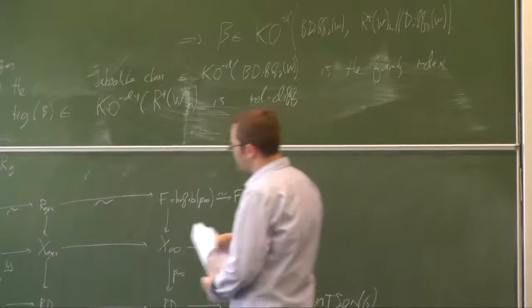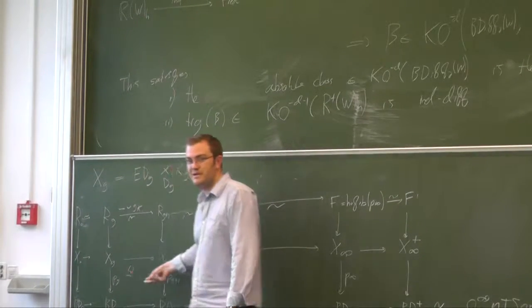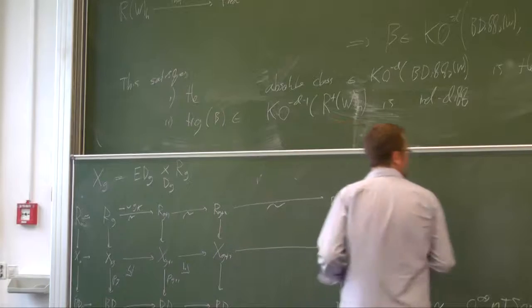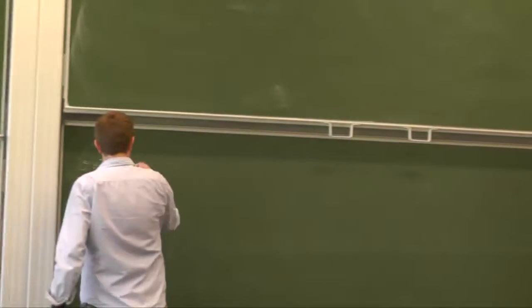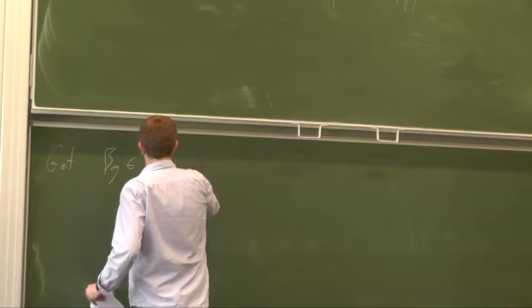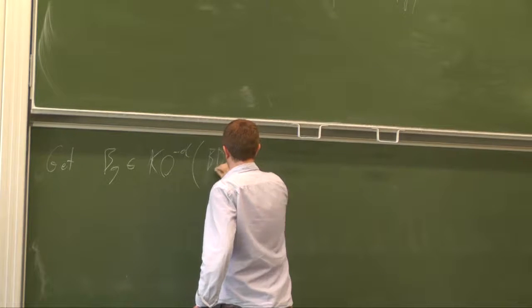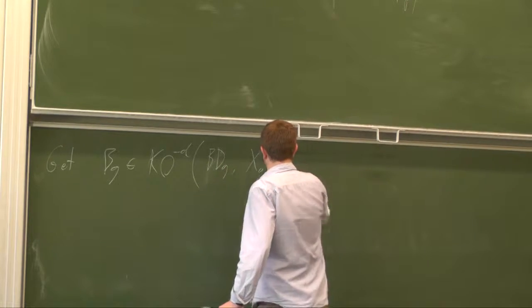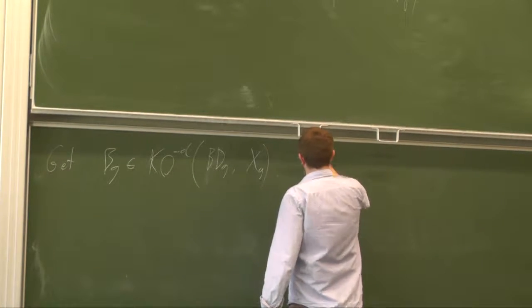Right. So what happens? Well, I can do this for each of these fibrations. So I get a beta G here, a beta G plus 1 here, a beta G plus 2 there, in KO minus D of B G, and let me just write it this way.